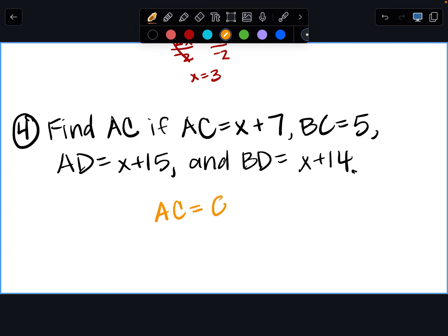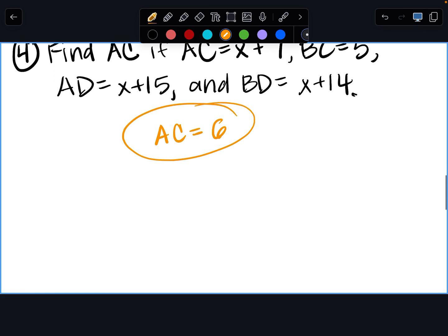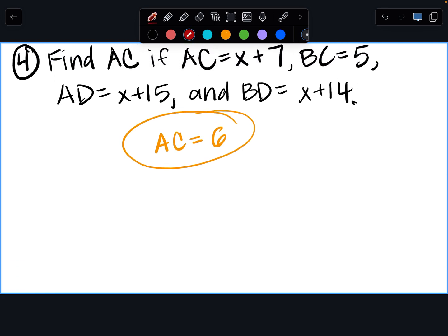Six. Does anyone want to see the work? Or do you guys feel like you have enough on your notes? You want to see it? Okay. All right. Let's see.